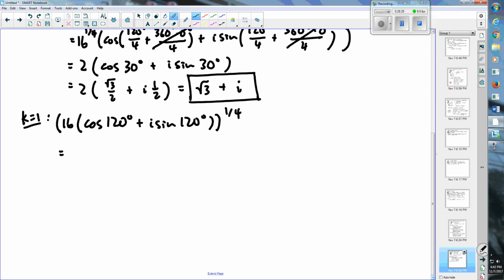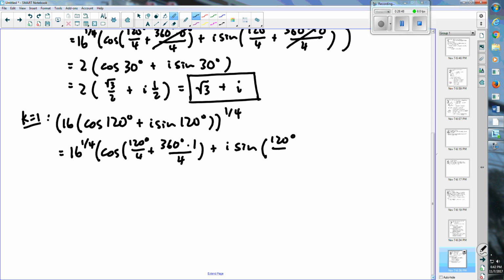That's equal to 16 to the 1/4 power times the cosine of 120 degrees over 4 plus 360 degrees times k, this time k is 1, over 4, plus i times the sine of 120 degrees over 4 plus 360 degrees times 1 over 4.